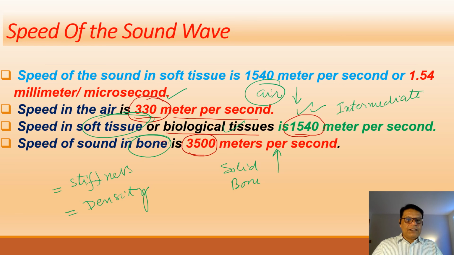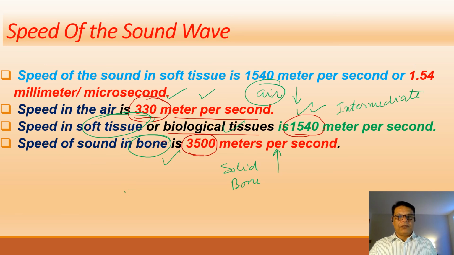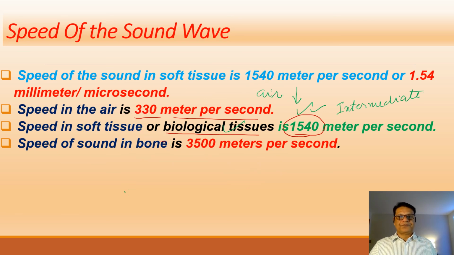Stiffness and density of air is different from bones. Bone is more stiff, and when stiffness increases, the speed of sound increases. We will discuss this in detail when we discuss the medium and its characteristics.